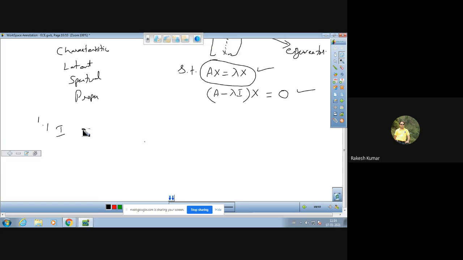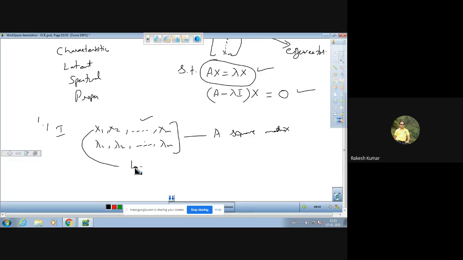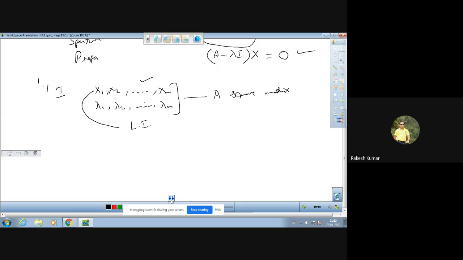Property is: prove that the system of eigenvectors x1, x2, so on, xm, corresponding to the distinct eigenvalues lambda 1, lambda 2, lambda m, means to say that हर एक आइगन वैल्यूज के कॉरेस्पॉन्डिंगली हर एक इगन वेक्टर होएगा. लैम्डा 1 के कॉरेस्पॉन्डिंगली x1, लैम्डा 2 के कॉरेस्पॉन्डिंगली x2 एंड लैम्डा m के कॉरेस्पॉन्डिंगली xm of the square matrix A. A इज ए स्क्वायर मैट्रिक्स, तो m डिस्टिंक्ट इगन वैल्यूज हैं और उनके कॉरेस्पॉन्डिंगली m वेक्टर्स भी हैं. एंड वी हैव टू प्रूव दैट, or we have the property that these eigenvectors are linearly independent. वो हमेशा linearly independent रहते हैं. Always remember, this is the property we have.